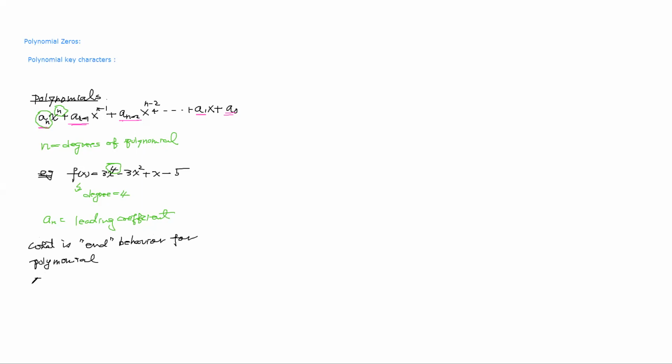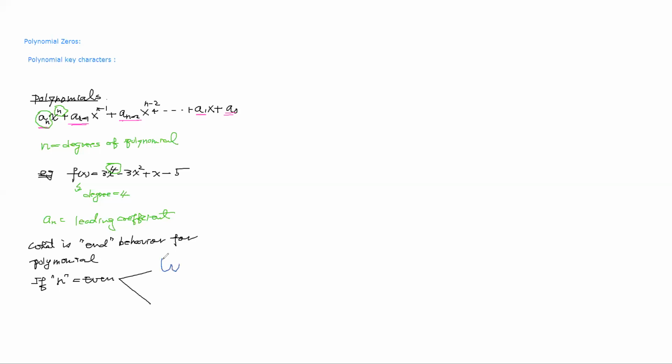So if your highest degree is an even number, that means your polynomial has an even degree, and then your graph will look like this: both ends go in the same direction.